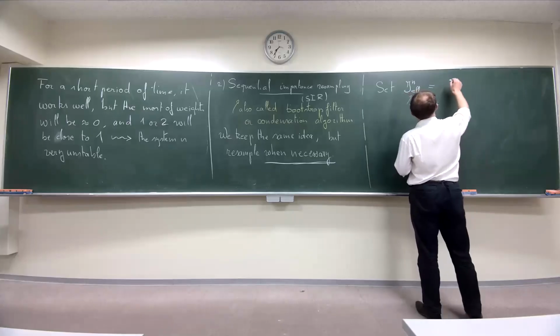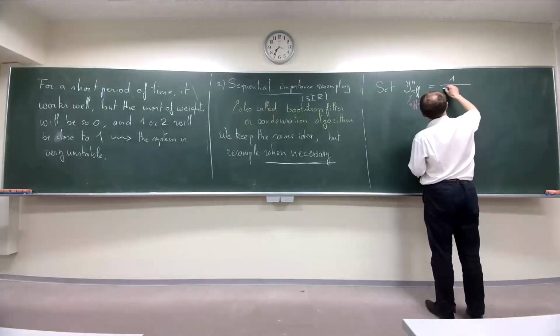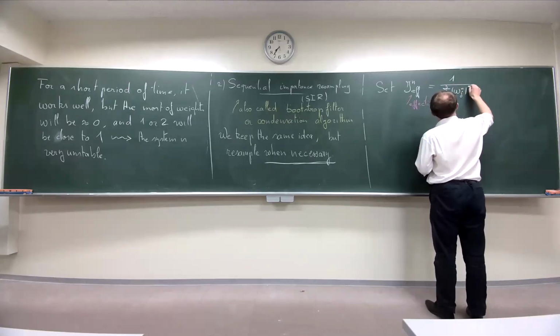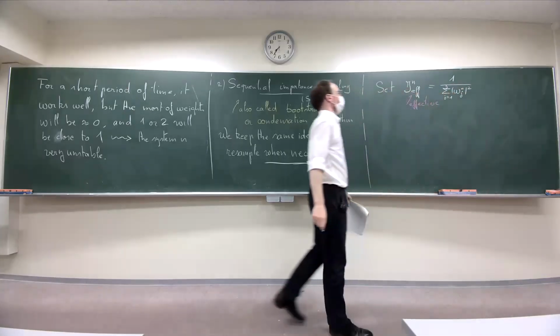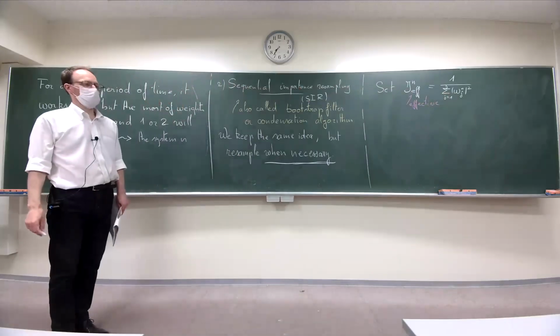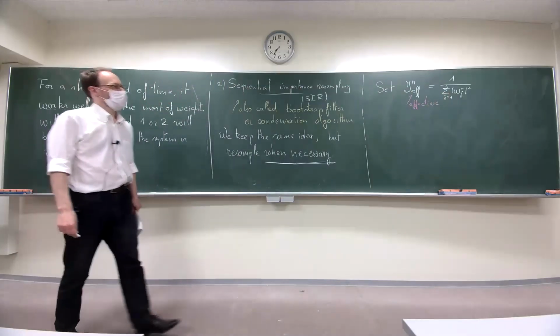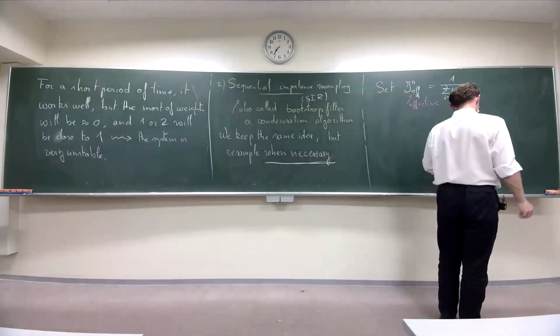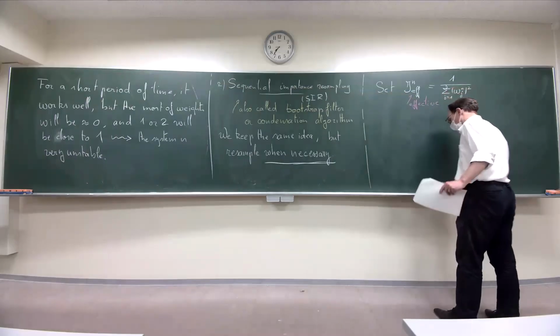We define it as 1 over the sum over j of the square of the weights, so I take the sum of the square of the weights and the inverse. And observe, this is called the effective sampling size.